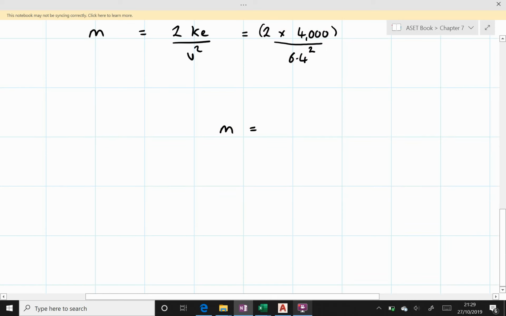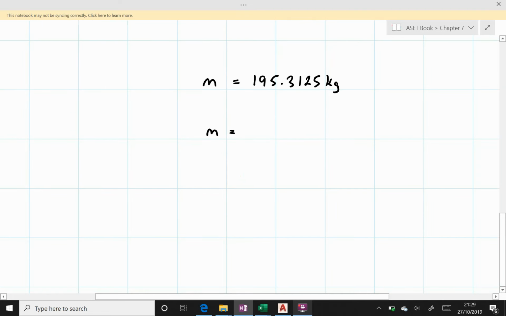Now mass equals, in this instance, 195.3125 kilograms, but of course we're asked to give this to 2 decimal places, and so the final answer should therefore be 195.31 kilograms. And that's the final answer, and that concludes this particular question.